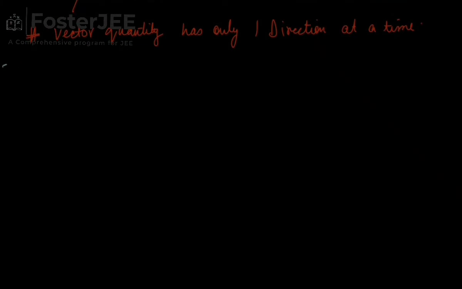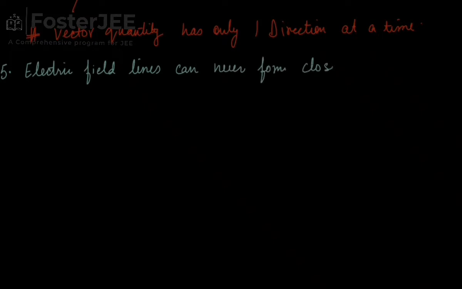Our fifth point is electric field lines can never form closed loops. That means, suppose if this is our charge, this can't happen that an electric field line is generated from this charge and then again terminated on this charge.